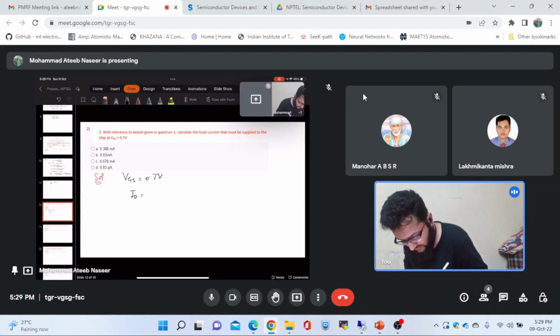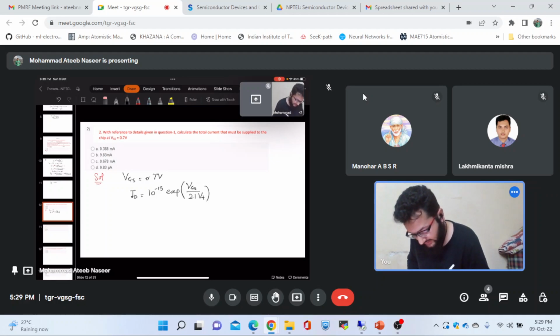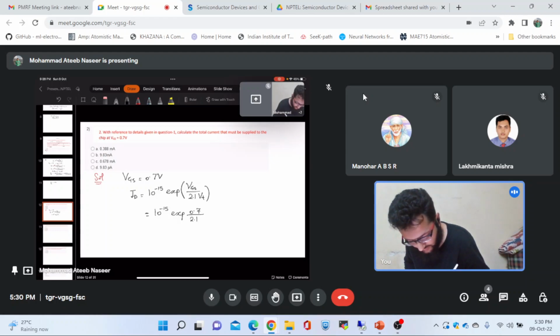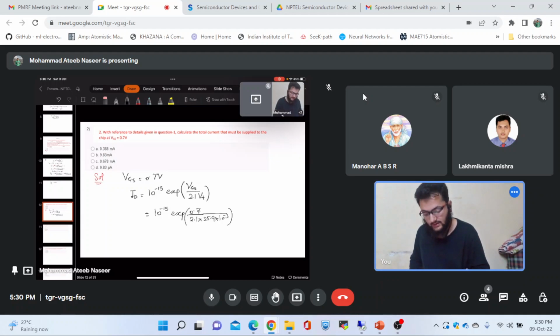It is equal to 10 to the power of minus 15 exponential of VGS divided by 2.1 into VT. This was our current expression. So this will simply be equal to 10 to the power of minus 15 exponential of 0.7 by 2.1 into 25.9 into 10 to the power of minus 3. So this is the current of the one transistor on a chip.